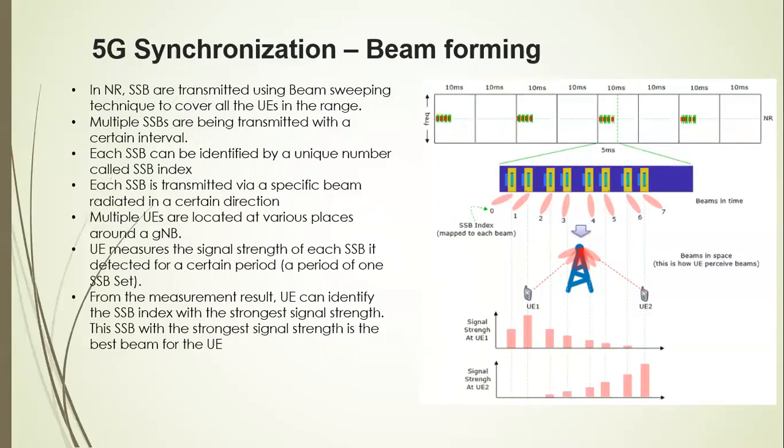That kind of mechanism will happen. Beam shifting will happen dynamically. There also the same concept, reference signal strength measurement, is used in uplink and downlink to identify the most suitable beams for communication.